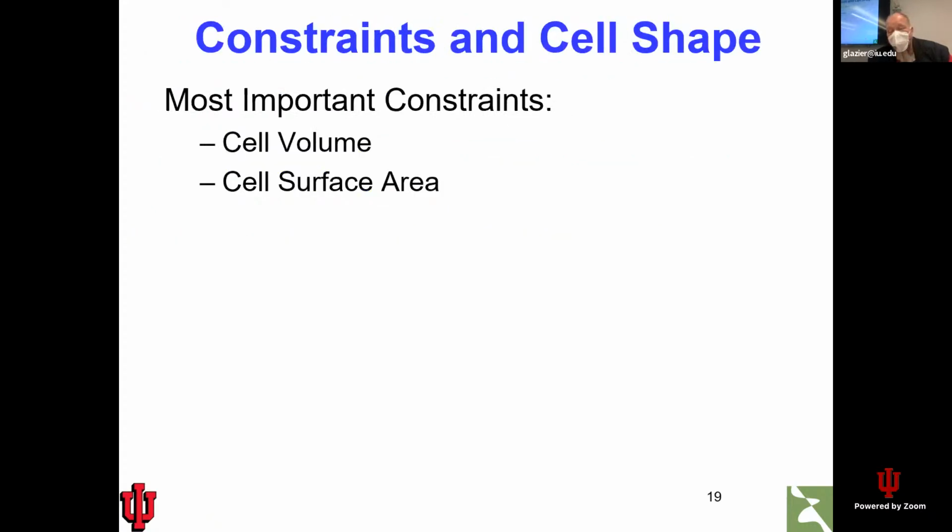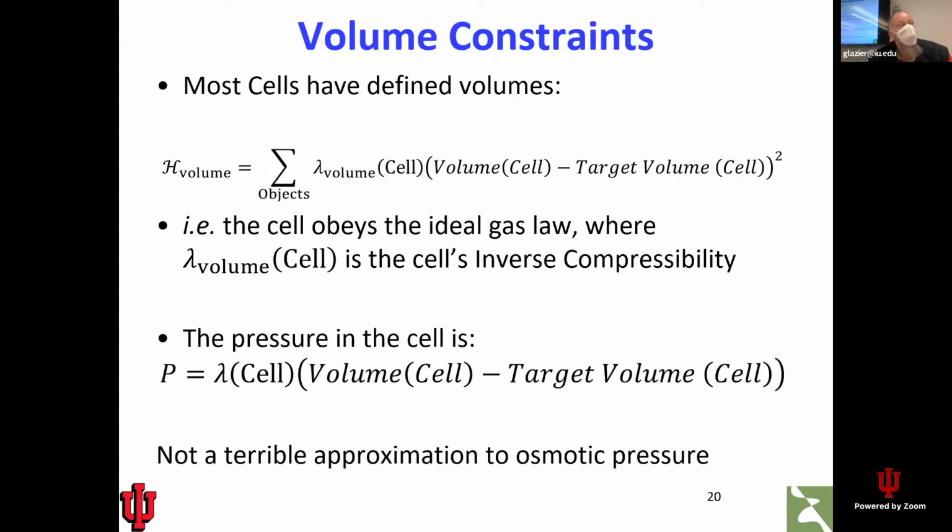Okay. We've talked already about the two most important constraints we're going to run into, cell volume and cell surface area. Most cells, in fact, almost all cells have defined volumes or target volumes. And so in this case, the constraint has the form of lambda volume times the actual volume minus the target volume quantity squared.